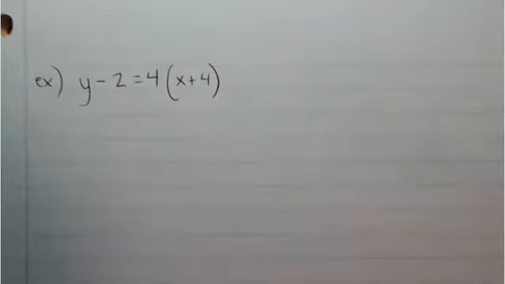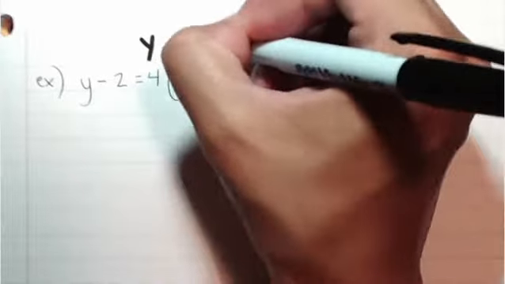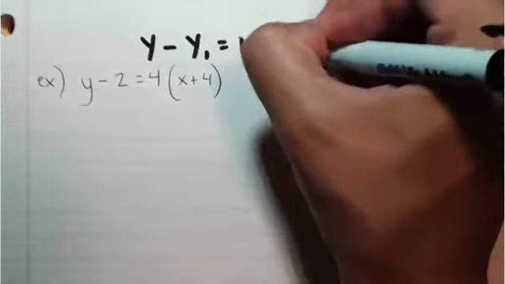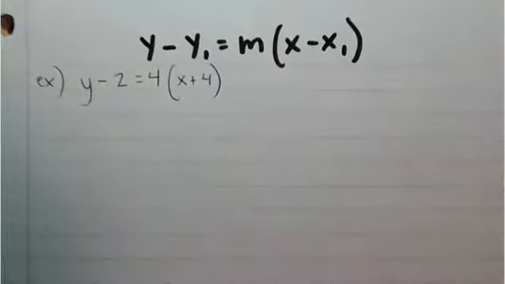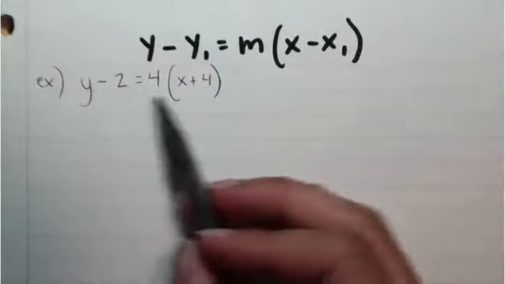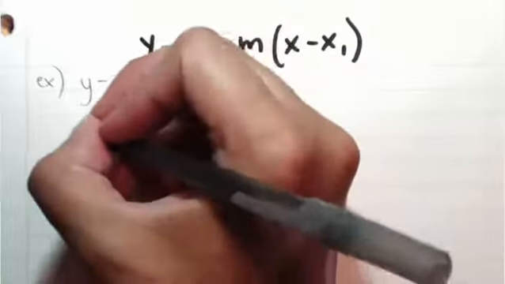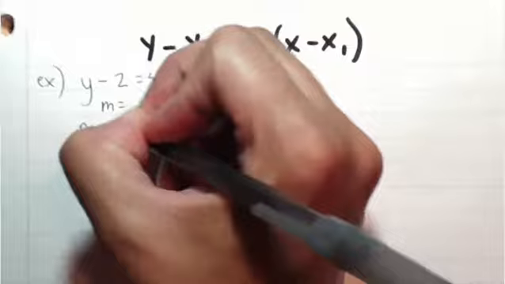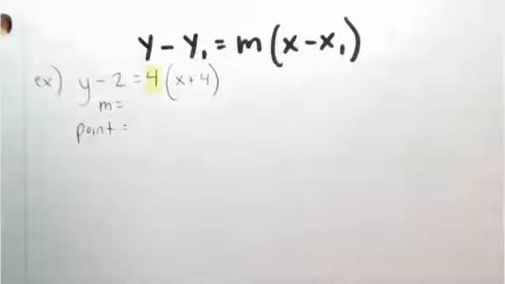And I'm going to go ahead and write the equation up at the top on this page just so I have it. y minus y1 equals m times x minus x1. So from this equation, I gave it to you in point slope form. I want to know what is the slope and what is the point. So the slope's the easiest one to identify because again the slope is always going to be what's in front of the parentheses. Slope here would be 4.